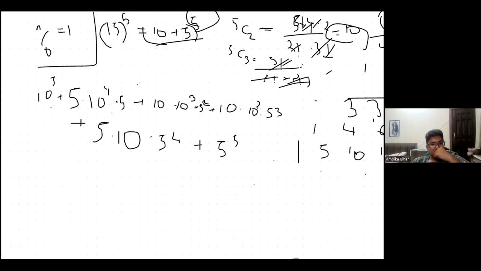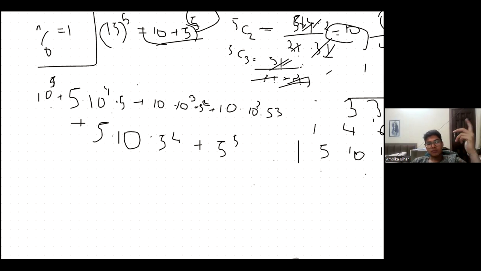The first term, the power is 5. The second term, it's 4 plus 1, that is 5. Next term, 3 plus 2, 5. 2 plus 3, 5. 1 plus 4, 5 again. And the last term, of course, 5.